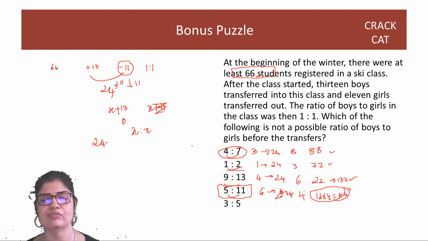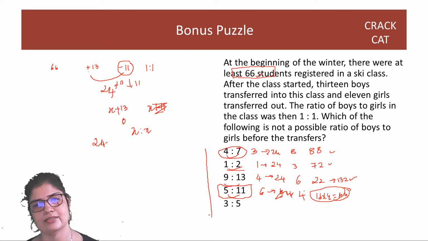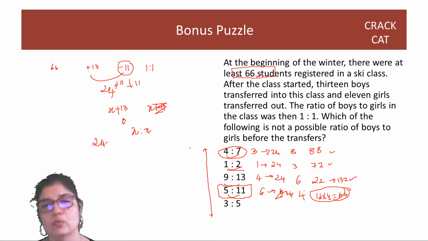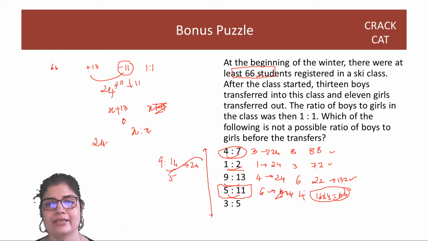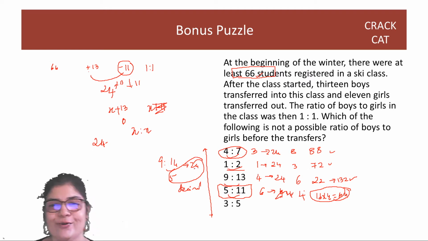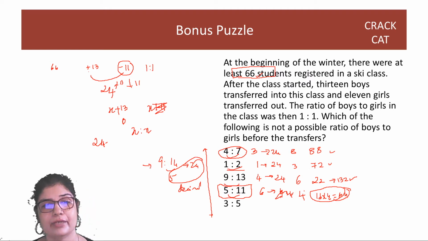One final thing before we move out, guys, see, in such cases, the answer will work out because of two possible reasons. One, for example, as I said, if I have 9 is to 14, the gap is 5, right? And in 24 the multiplier itself will be a decimal. So that can't be, you can't cut up boys and girls. That's the point. So this is one reason why you'll eliminate an option.